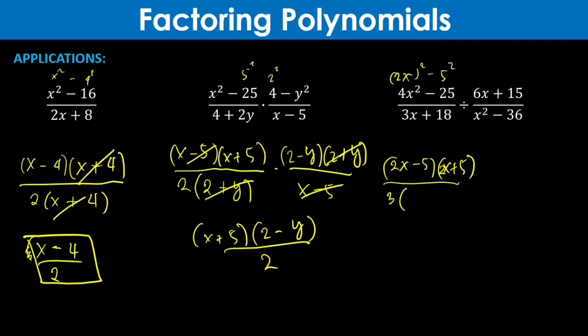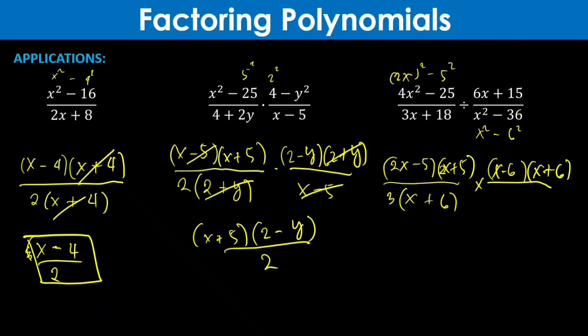Can factor out 3. We'll be left with x plus 6. And then let's divide. We take the reciprocal. The operation will become multiplication. And x squared minus 36 is x squared minus 6 squared. And that will be at the numerator already. So that's x minus 6 and x plus 6.